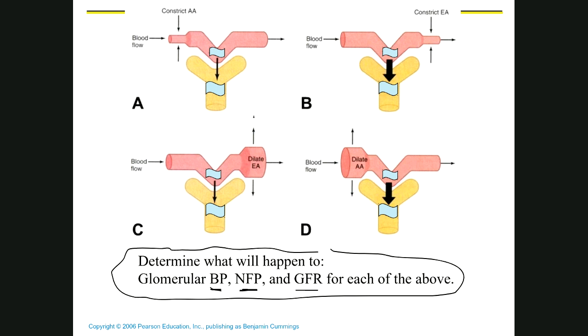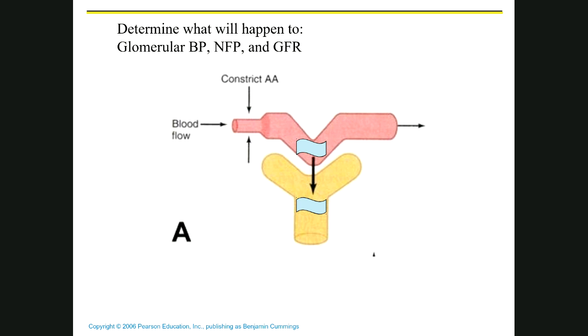So if we look at the first one, look at A. What did I do here? What I did was I vasoconstricted the afferent arteriole. So what do you think is going to happen to blood pressure in here? Is there going to be more blood or less blood coming in here? If there's less, what's going to happen to blood pressure? It's going to go down. If blood pressure goes down, what's going to happen to net filtration pressure?